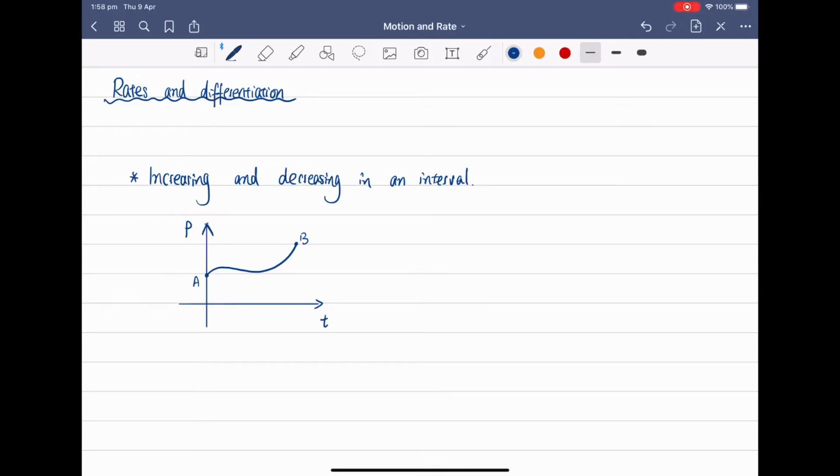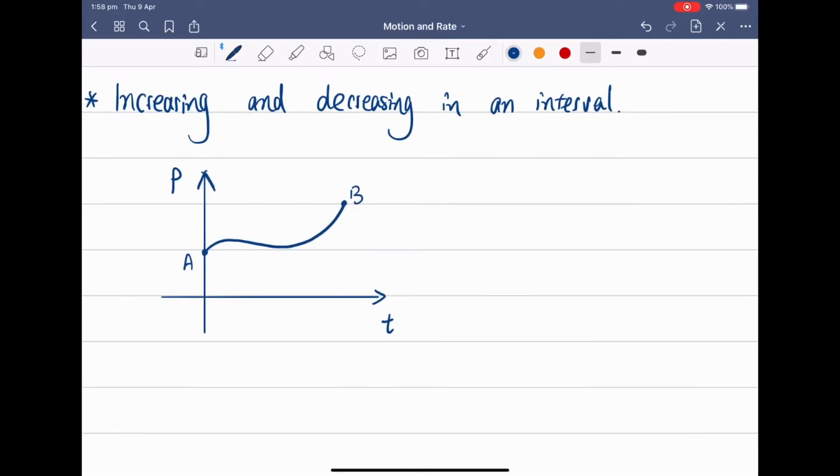All right, so what does that mean? That means if I choose any two points, all right, that's not a really good diagram because it's not really increasing here, so I have to do a better diagram.